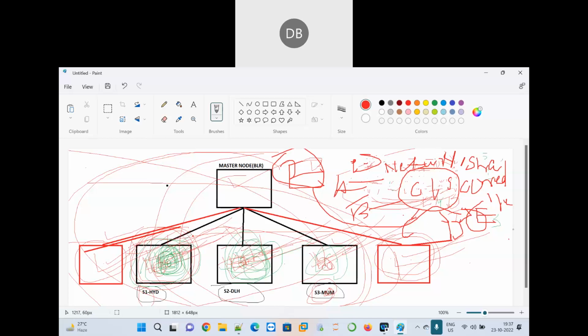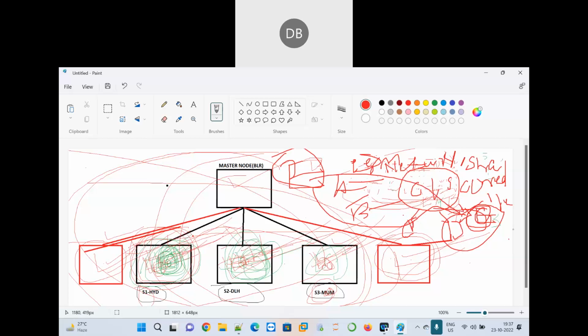Explicit means until someone gives you permission to that network drive, you cannot access that folder, right? That means your project manager or some manager is going to give the access to this network drive, then only are you able to access that particular shared drive.